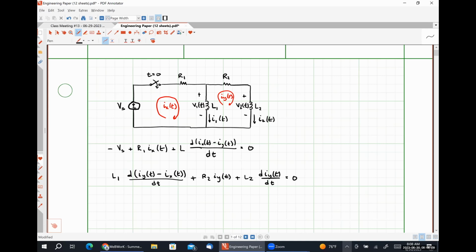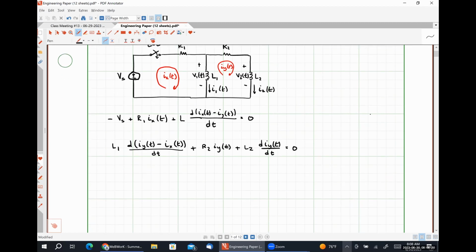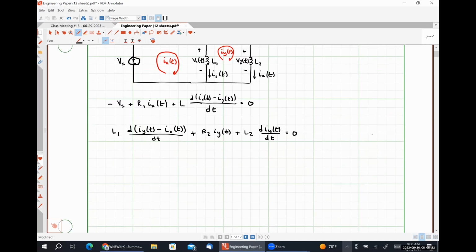So what we're going to try to do now is isolate things here. We're going to take this first equation and rewrite it slightly, right? So I'm going to call this equation here, equation 1.